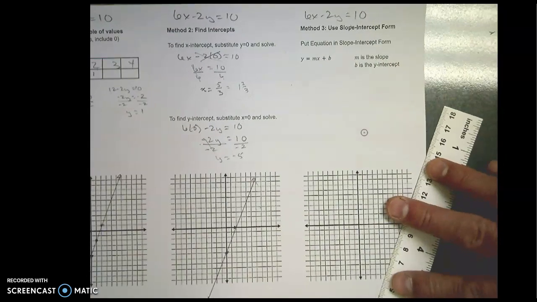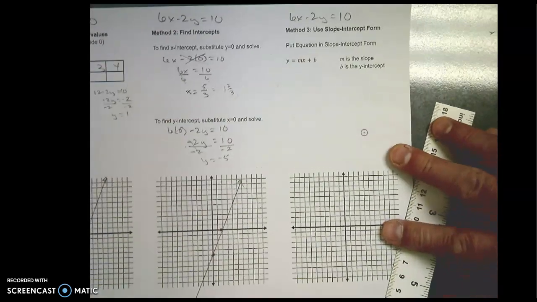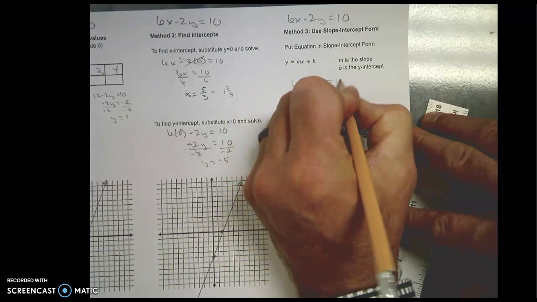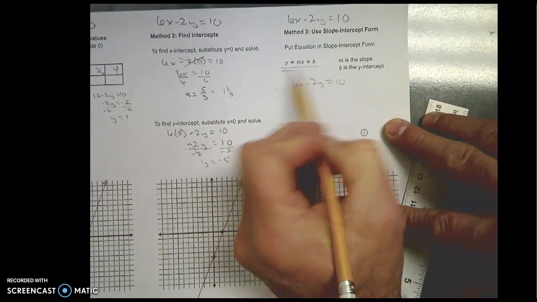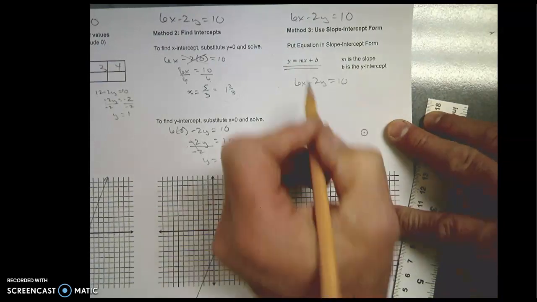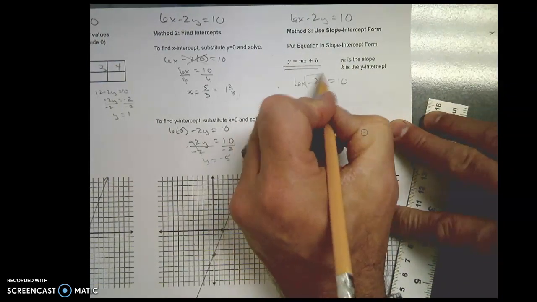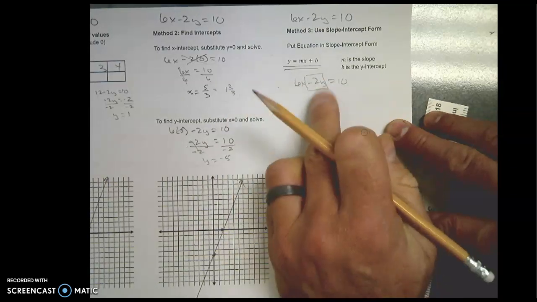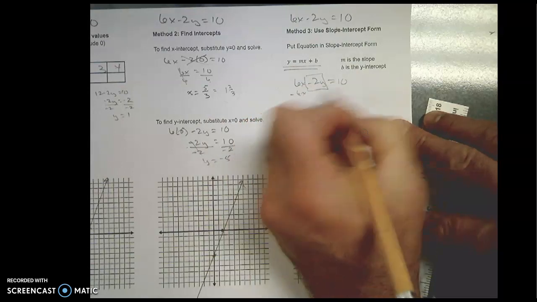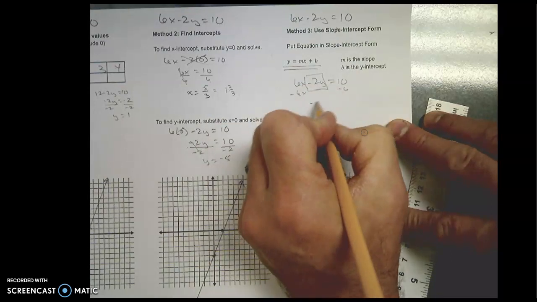do it. And then we have the slope-intercept form. So what we are going to do is get our equation into this form. We are going to solve for y. So first thing we're going to do, we're just going to lock this in. We're going to freeze that. We're going to isolate it. So now we are going to subtract 6x from both sides.